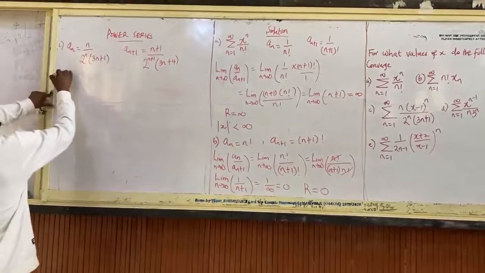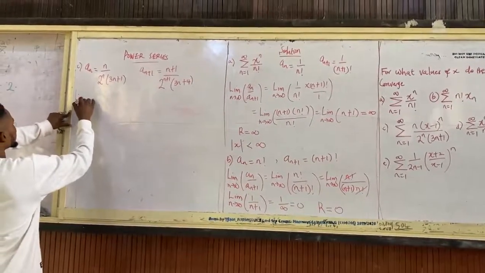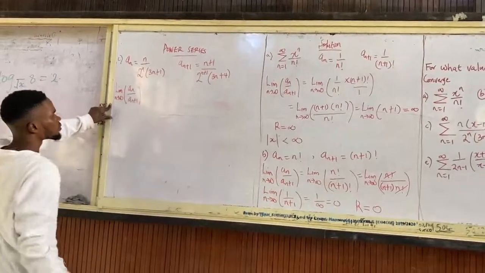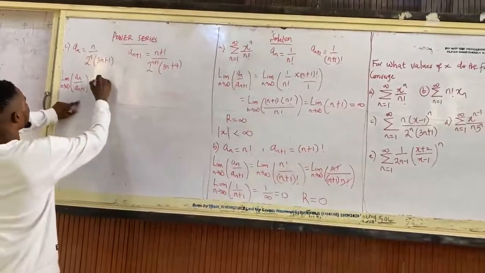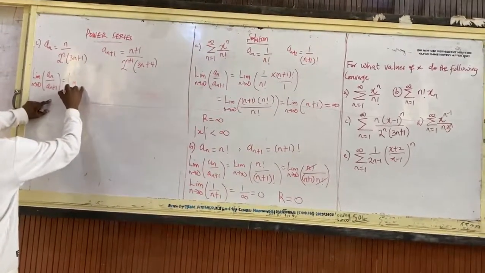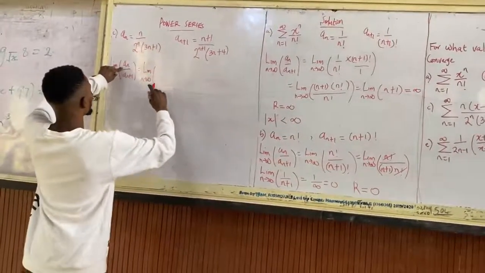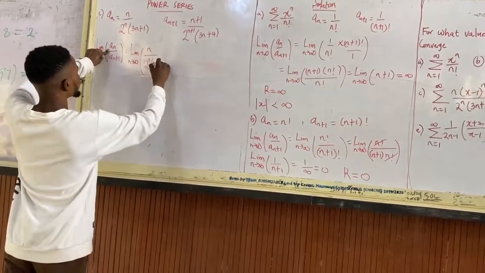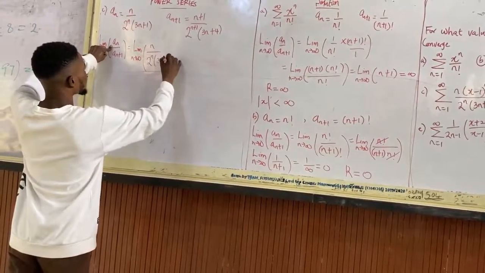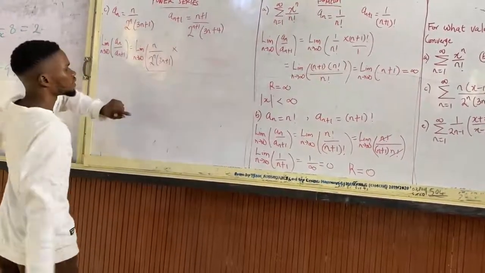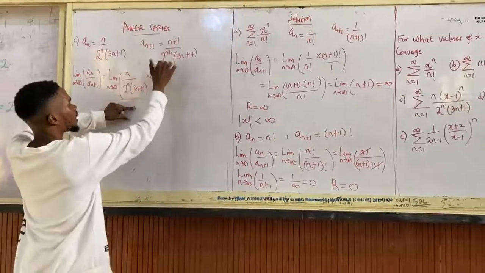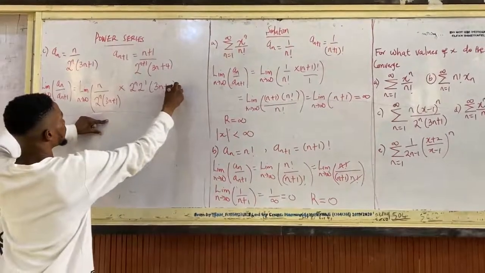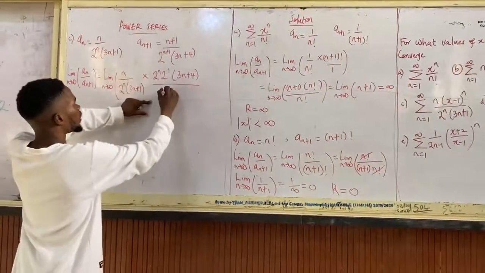So the limit, as n tends to infinity, of the ratio a_n over a_(n+1) is equal to the limit as n tends to infinity of n over 2n, bracket 3n plus 1, times 2 raised to power n plus 1, that's 2 raised to power n times 2 raised to power 1, then 3n plus 4, over n plus 1.